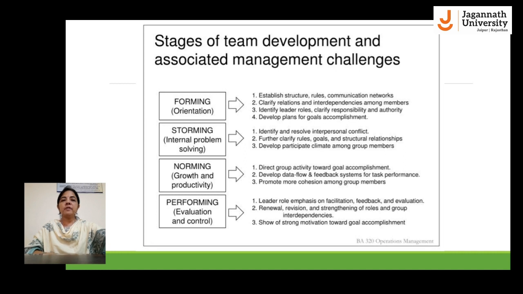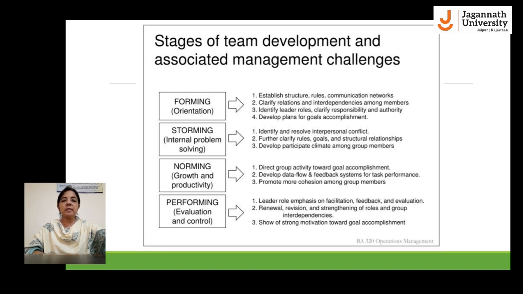The storming stage is internal problem solving, so there is identification and resolving of interpersonal conflict, further clarity of rules, goals and structural relationships, and development of a participation climate among group members if it is handled maturely. Then in the norming stage, where growth and productivity are there, the group directs activity towards goal accomplishment, develops data flow and feedback systems for task performance, and promotes more cohesion among group members.